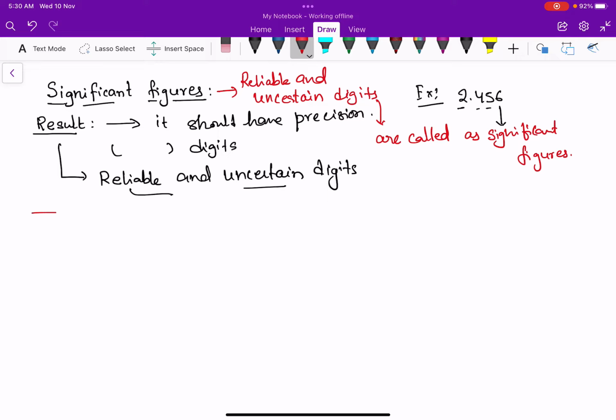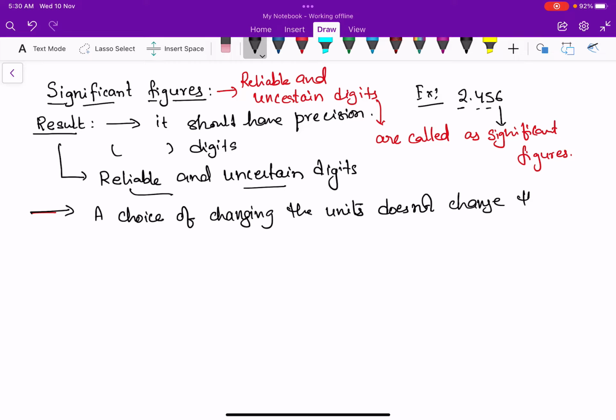Suppose a choice of changing units: changing the units of the answer does not affect or does not change the number of significant figures in a number.